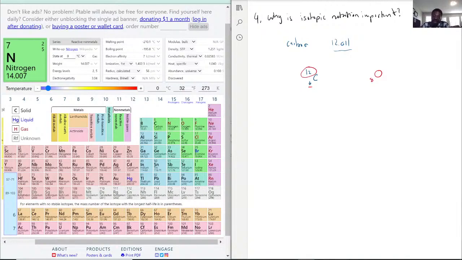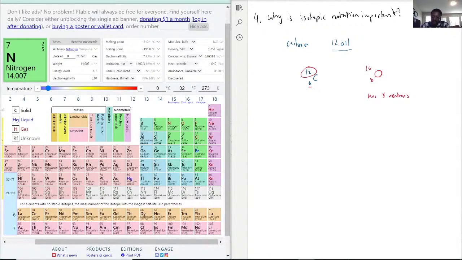That one is the total amount of protons and neutrons in that isotope. So if I said this oxygen has 8 neutrons, then the total here would be 16.